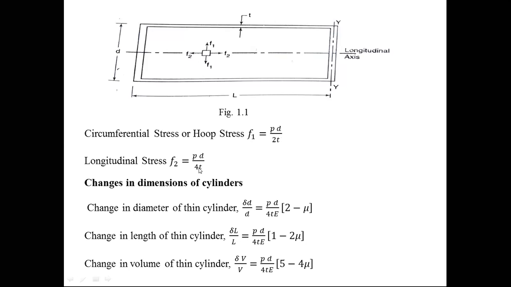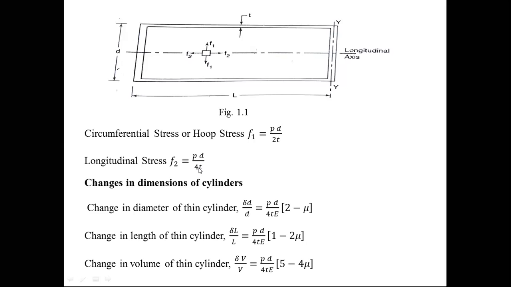Like that, questions will be coming on thin cylinders; thin cylinders are majorly asked in bits. So F1, PD by 2T, the hoop stress, is the major principal stress. Another one, the minor principal stress, is F2, the longitudinal stress PD by 4T.